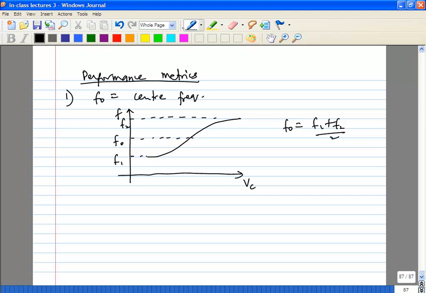That's your center frequency of the oscillator. What is your tuning range? It's F2 minus F1, that is the overall frequency change at the output over the center frequency in percentage.